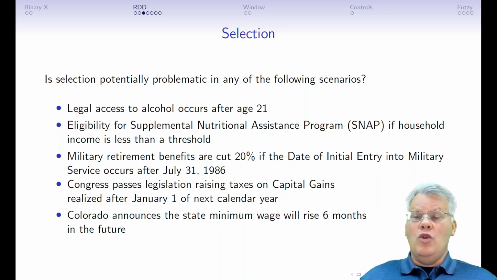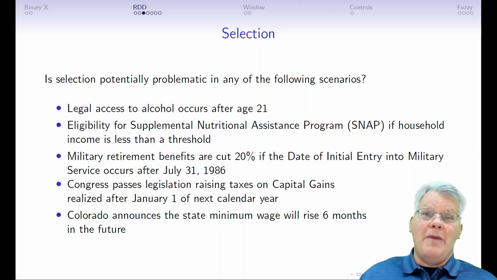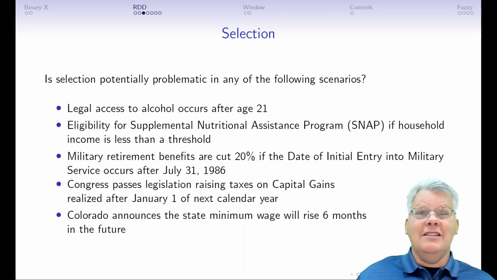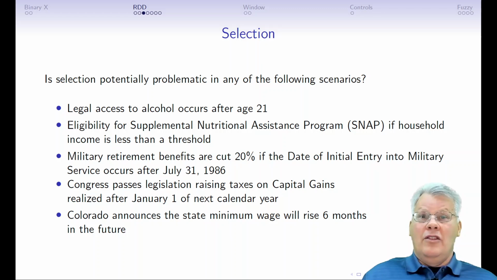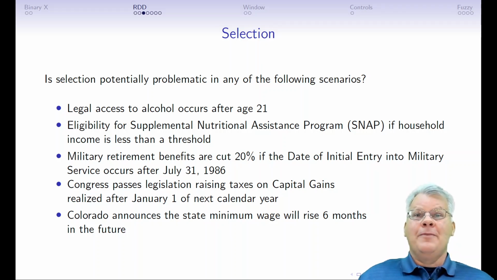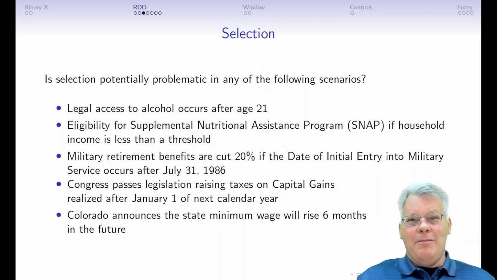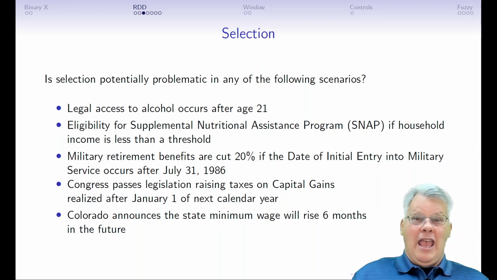And I would argue that if someone had large amounts of unrealized capital gains and they knew that the tax rate on those capital gains was going to go up after January 1st, the temptation would be very great to realize the capital gains in the previous tax year and then subject them to lower taxation rates.